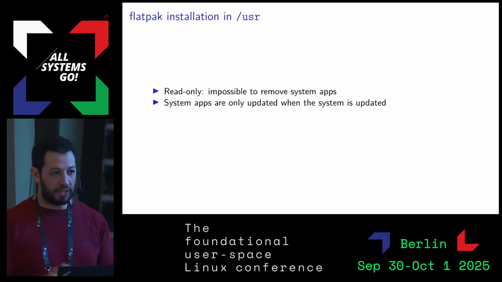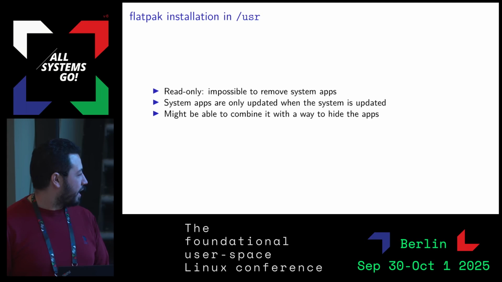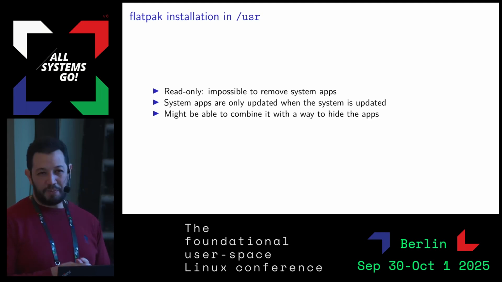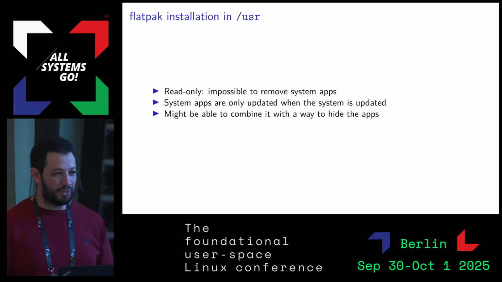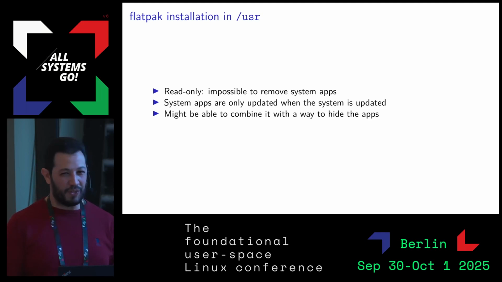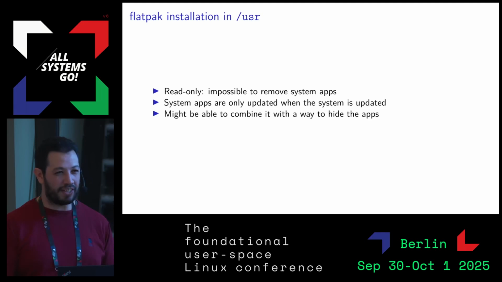As we are updating the usr tree, we get them updated. And yeah, we might be able to get this to work, but we need a way to hide the apps so that when you uninstall them, or something like disable from Android, you could disable the app without actually removing it from the disk. It's still there, but it won't show up anywhere.